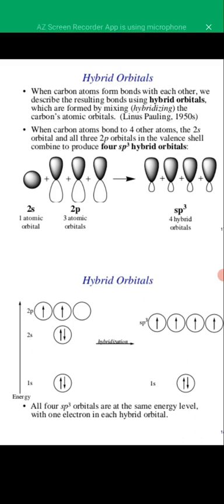Then you come to 2s2, the 2s orbital, and 2p2. Can you see? So I said, when carbon atoms bond to 4 other atoms, the 2s orbital and all the three 2p orbitals in the valence shell combine to form 4 sp3 hybrid orbitals. What do I mean? When carbon reacts, it goes from the ground state to the excited state, and the configuration changes. Instead of 2s2, you now have 2s1.